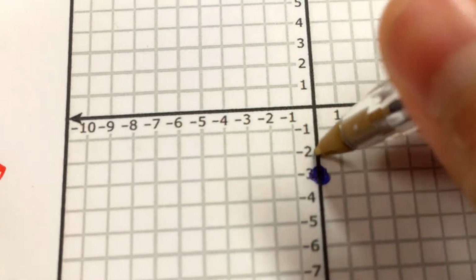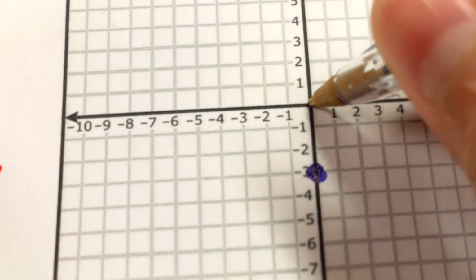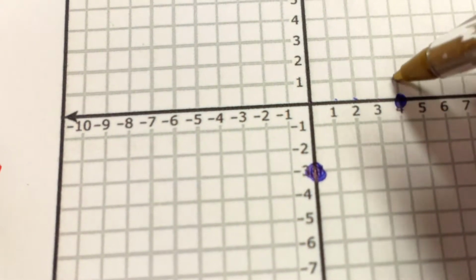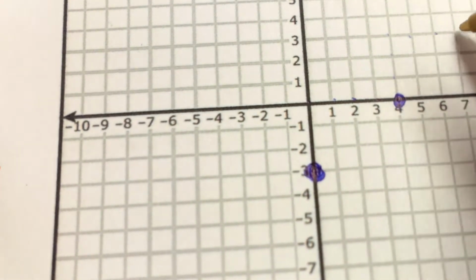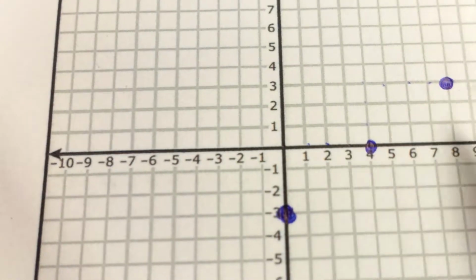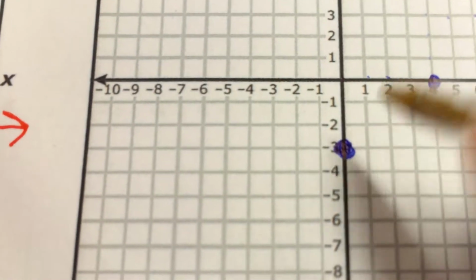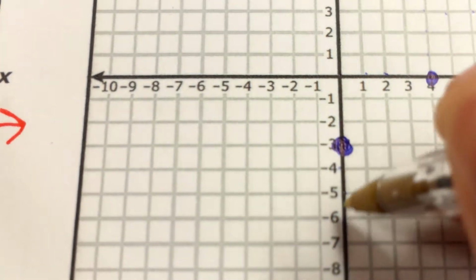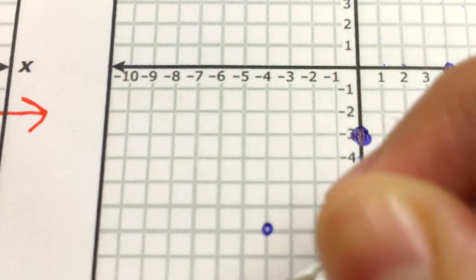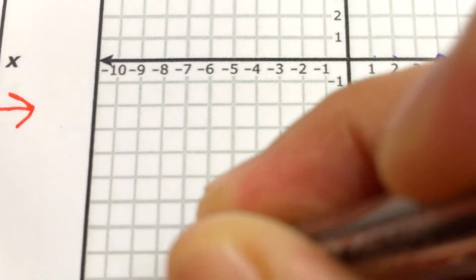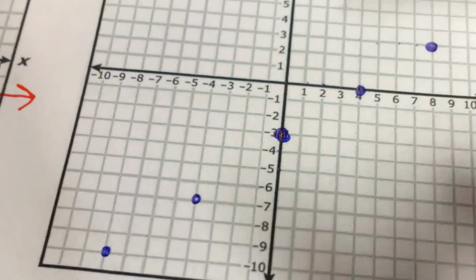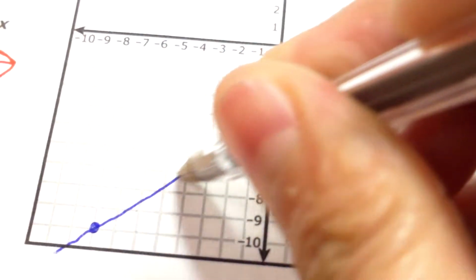So I'm going to go 1, 2, 3, rise 3, run 4. 2, 3, 4. Rise 3, run 4. If I wanted to go in the opposite direction, then I would continue the same pattern. Okay. And then I connect my dots to draw my linear equation.